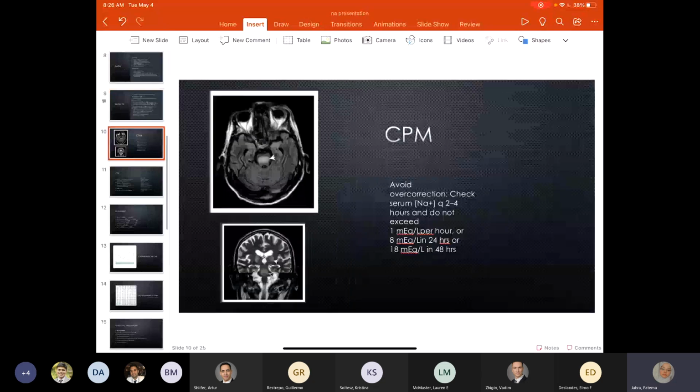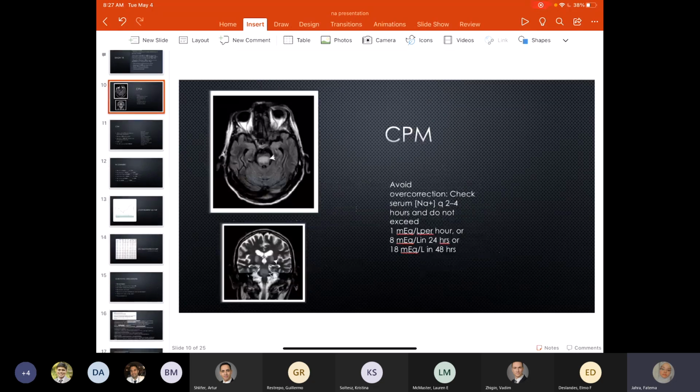I basically went through everything here, so I'm just going to talk about the stuff that I missed. Central pontine myelinolysis: any sodium talk is kind of vain without a CPM discussion. We just have to remember 8 milliequivalents in 24 hours.